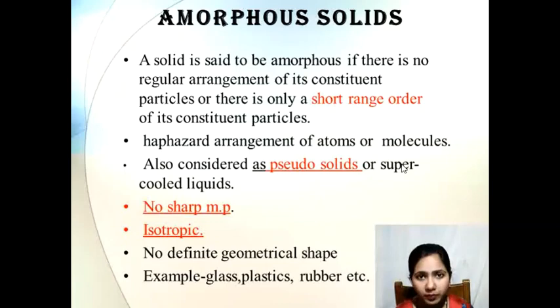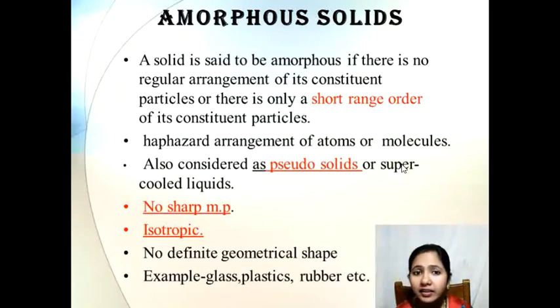They are isotropic. We have just seen that crystalline solids are anisotropic; this is just the reverse of that. Iso means same. So amorphous solids have physical properties like thermal expansion, stiffness, and strength with the same value in different directions.